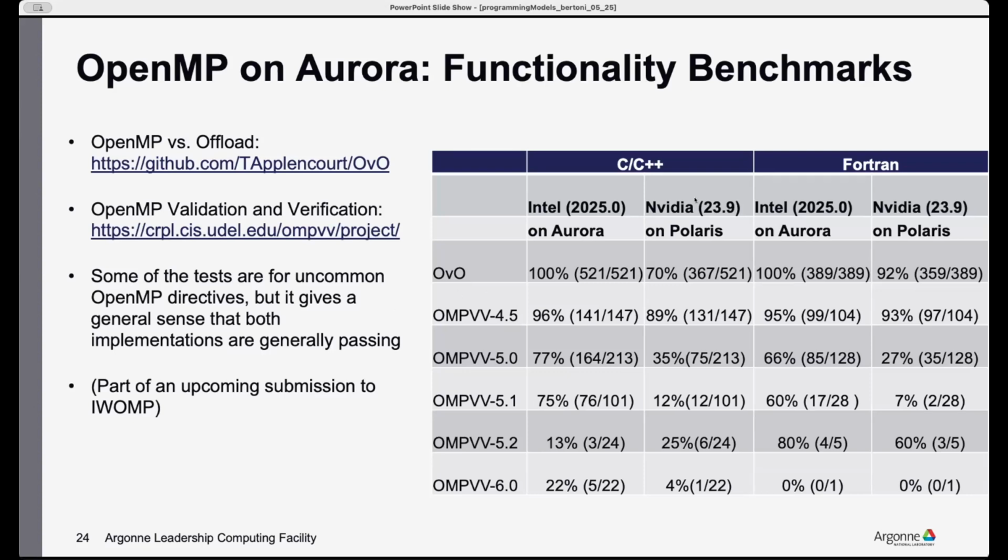But overall, the thing I wanted to point out is this is comparing running C++ on Polaris and Aurora, and Fortran on Polaris and Aurora. Sometimes it's lower because maybe they don't implement one thing and that makes a lot of tests fail. But overall, if you are running okay on Polaris with OpenMP offload, you should still be able to do a decent job on Aurora because the pass rates are all similar or Aurora is generally higher. So it's nice that implementations on both NVIDIA and Intel are working well. If you're running on one GPU, you should be able to run okay on the other GPU.